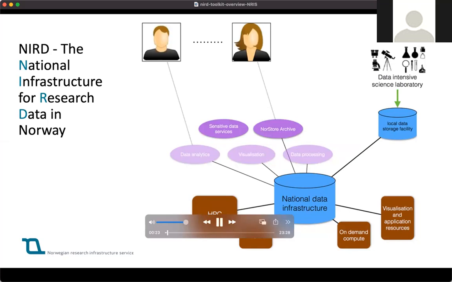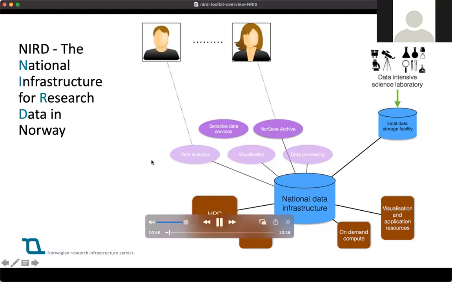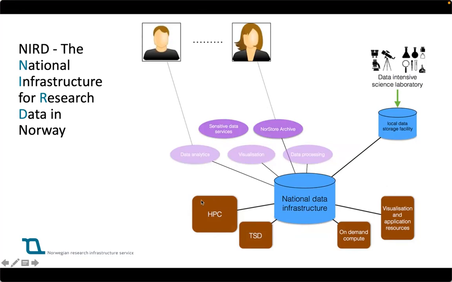So, NIRD stands for the National Infrastructure for Research Data in Norway, and it is structured as a large storage cluster, and it's connected to the other Sigma 2 services in various ways. And we have a connection to HPC since the NIRD storage is mounted on the HPC login nodes.